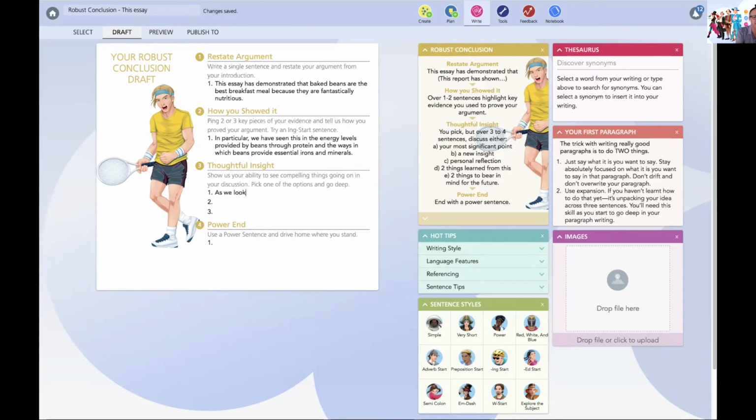As we look into the future, two things stand out.